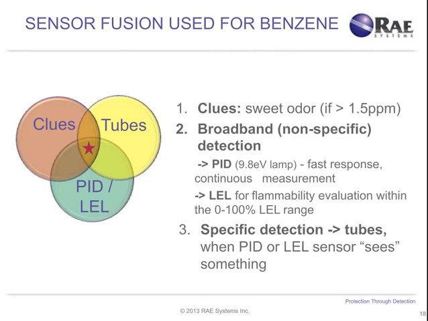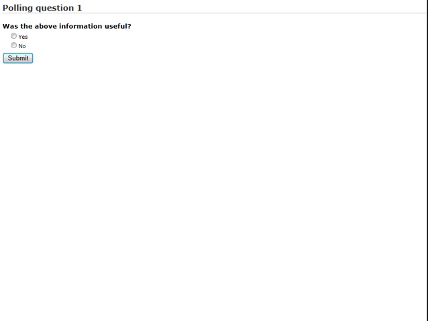And you can use tubes to determine what part of the total VOC reading on your PID is accounted for by benzene. So that was the example of how you can use sensor fusion to speciate benzene.